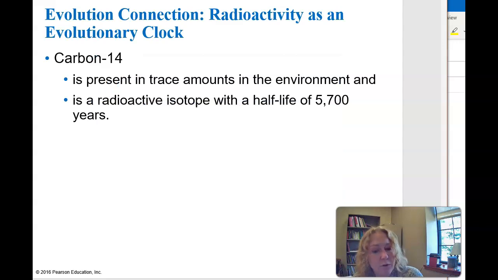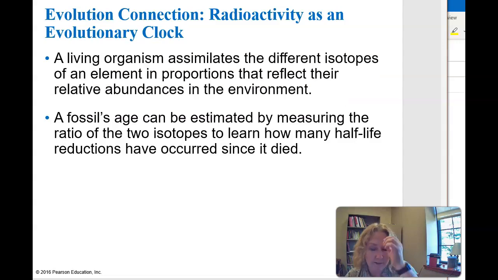Carbon-14, real quick. There are trace amounts of carbon-14 in the environment, and its radioactive isotope has a half-life of 5,700 years. And this is one of the ways we are dating things. We use carbon-14 dating. Basically because an organism assimilates the different types of elements in proportions that reflect their abundance in their current environment.